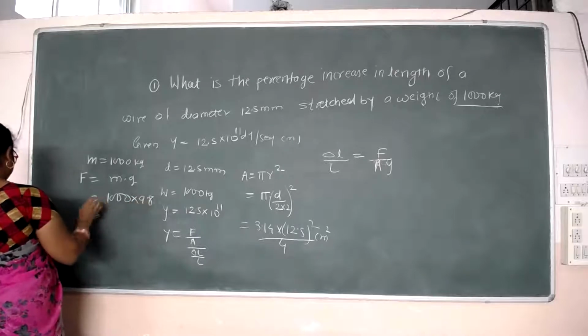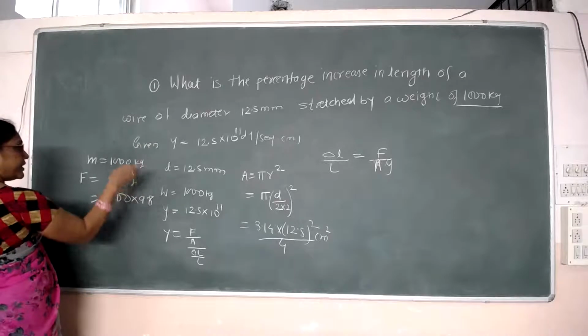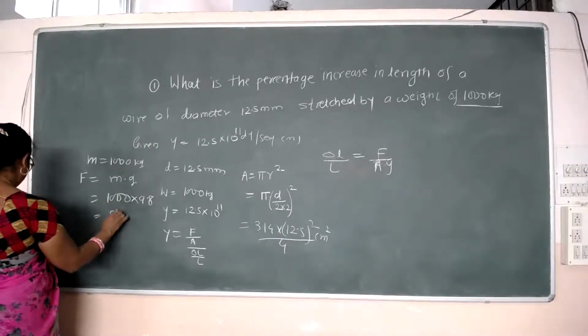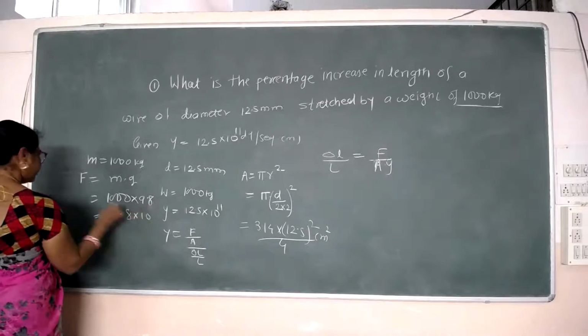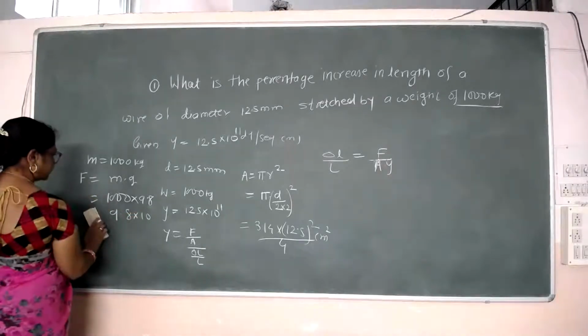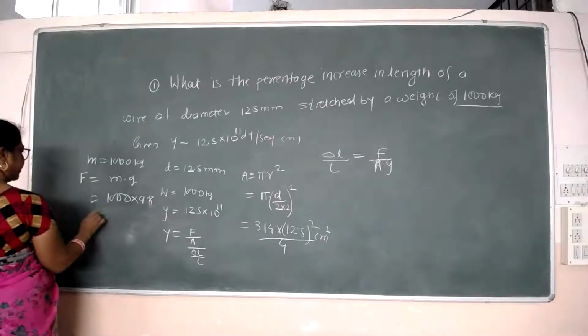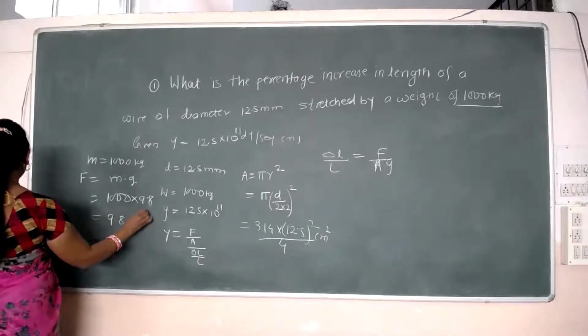Calculate this value, and we have the value in the form of dynes; convert it into Newton, and we have 9.8 into 10 to the power of 4. So calculate this value, 9.8 into 10 to the power of 3.